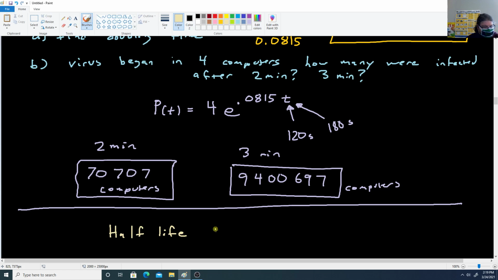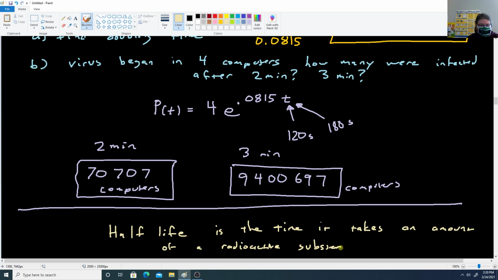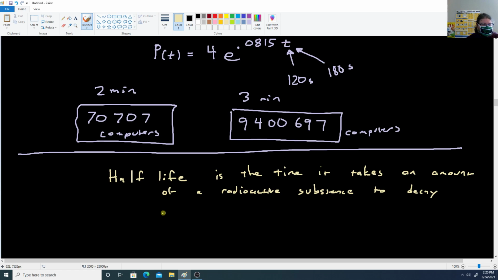This is the time it takes an amount of a radioactive substance to decay, where half is still radioactive.